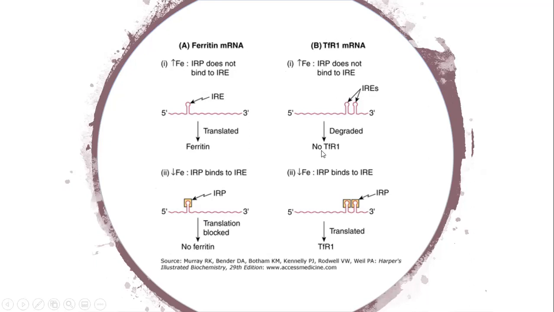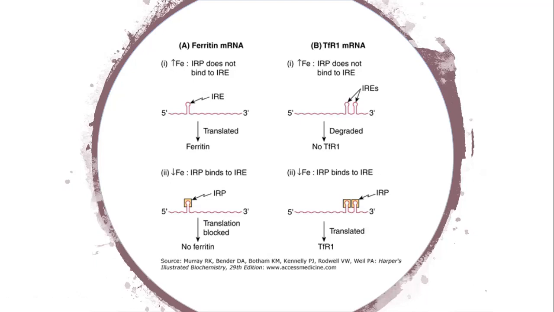Is that beneficial? Yes, because when you already have high intracellular iron, would you still like to make the transferrin receptor to scavenge more iron? Of course not. So increased intracellular iron results in decreased production of the transferrin receptor.